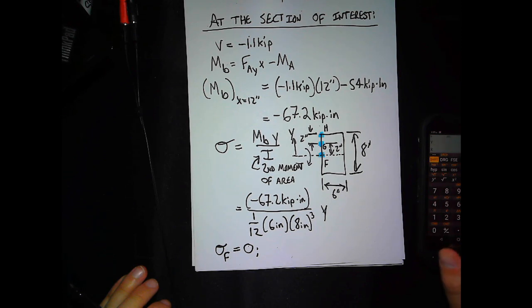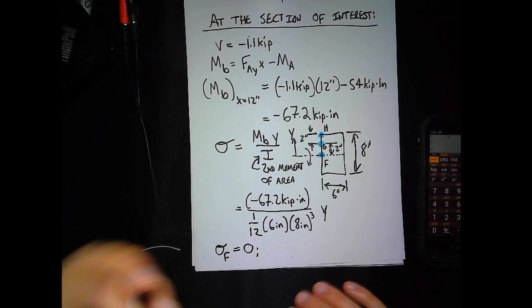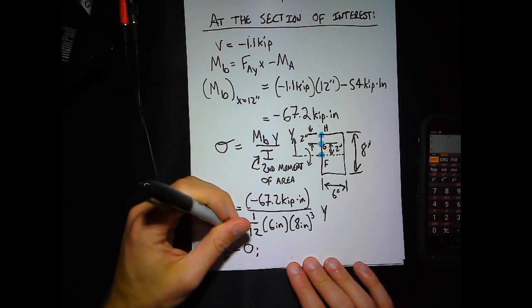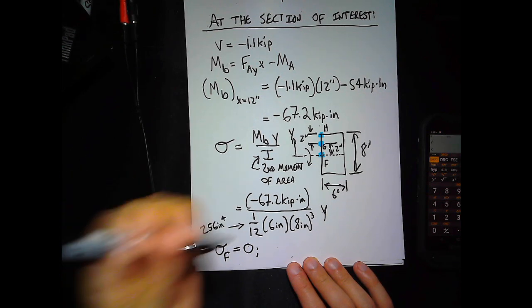So if I punch that in, 1/12 times 6 times 8 cubed, which is 512, gives 256 inches to the fourth.